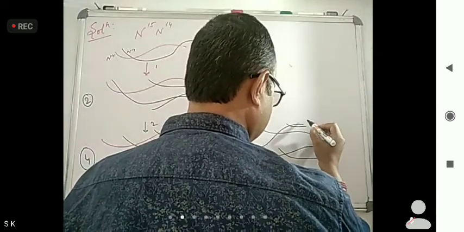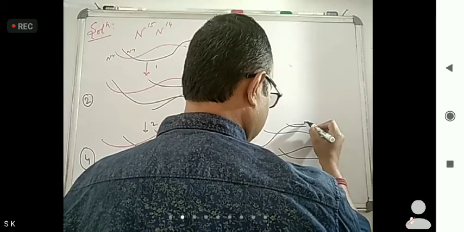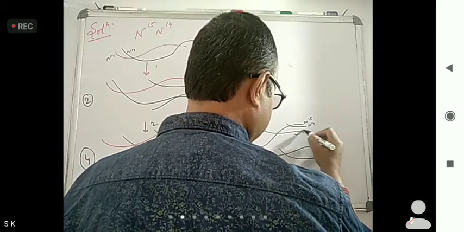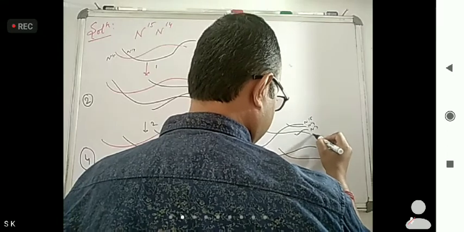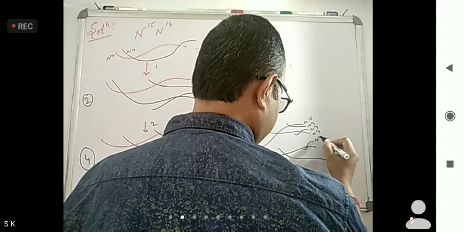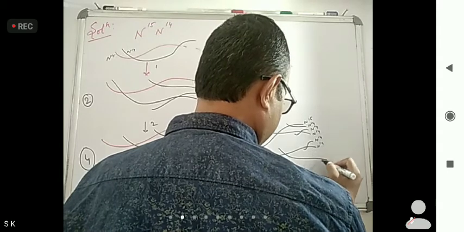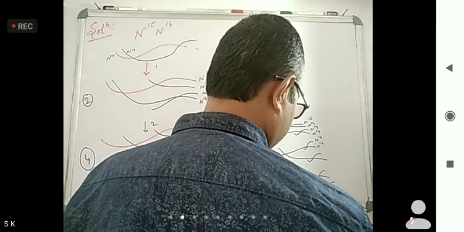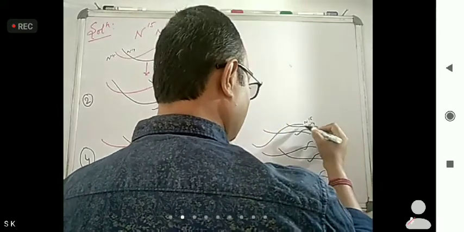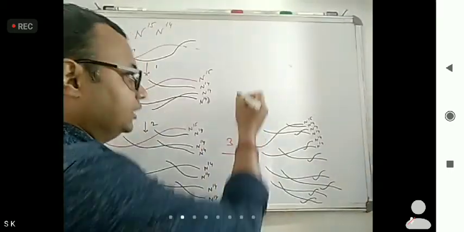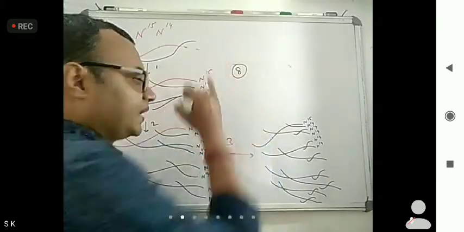This one is N15 and N14. This is N14 and N14. Same. This also same. This also same. This also same. So how much came? 1, 2, 3, 4, 5, 6, 7, 8. Okay. So total came 8.